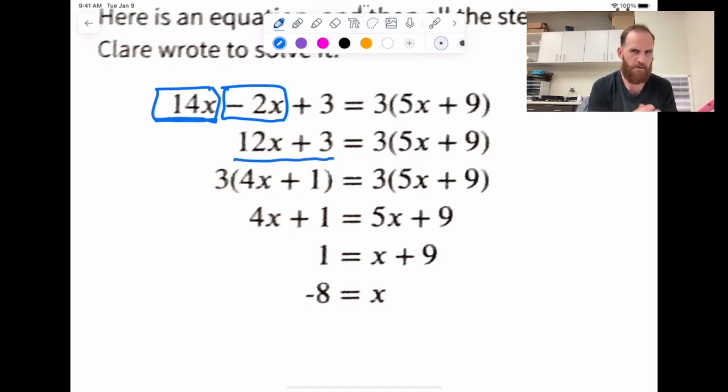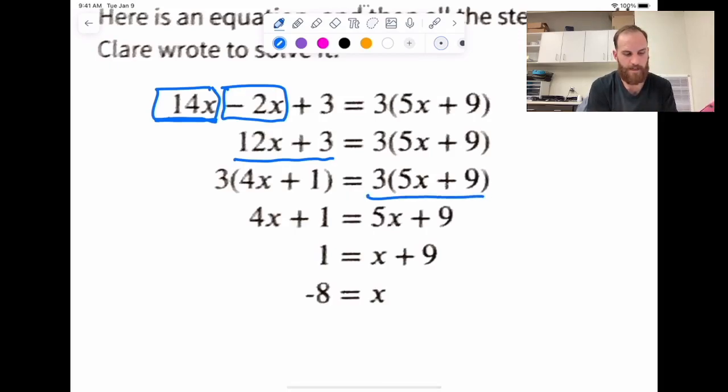She almost undistributed this. So 12x plus 3 is the same as 3 times 4x plus 1. If we distribute this, 3 times 4 is 12x, 3 times 1 is positive 3. So she kind of went backwards there, which I thought was really interesting.